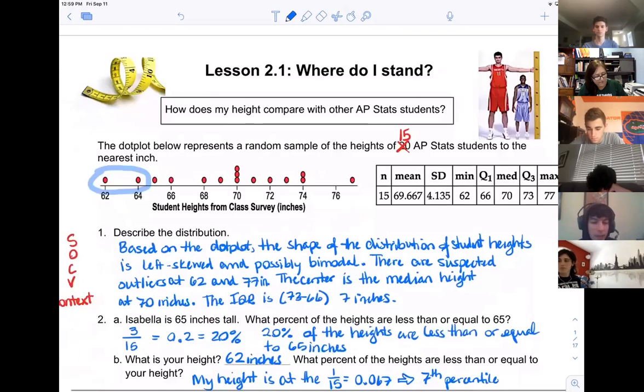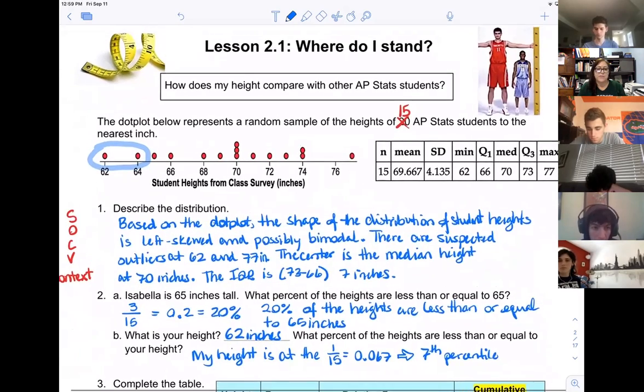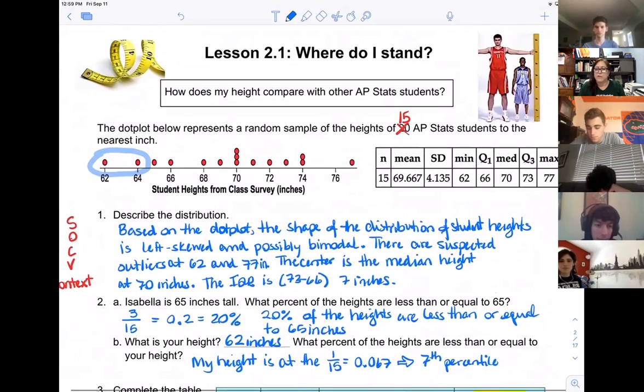Okay. So the next one says, Isabella is 65 inches tall. Isabella, you did put that on your survey. And so what percentile is she at? And what percent of the heights are less than or equal to 65? This is how we're defining percentile.